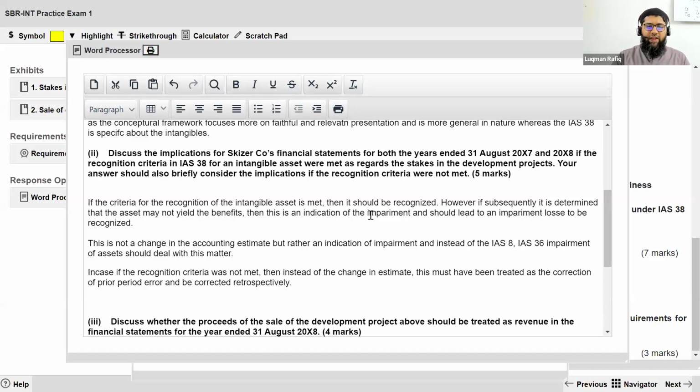Okay. Why are we mentioning impairment? See, what happens is that why do you want to change? You think that the asset is not meeting the criteria. It says if the recognition criteria is met, but they think that no, we are not going to get the benefit now. So that means circumstances have changed. That's a cause of impairment.